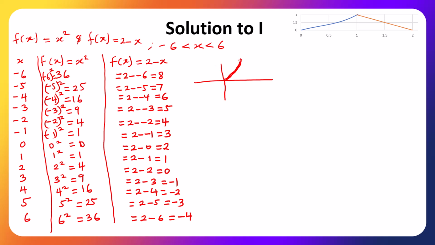Then we have this, which is like a straight line. So from here, this is 1. This covers the first one, which is f of x equals x squared, and this is 2.